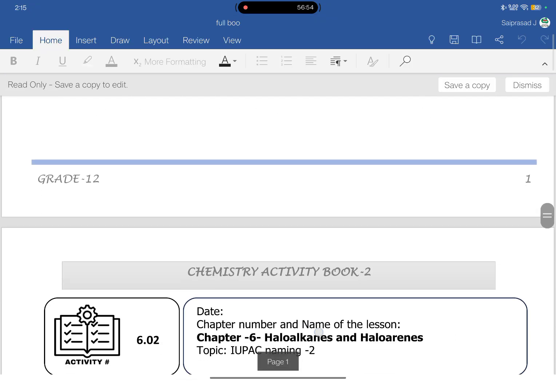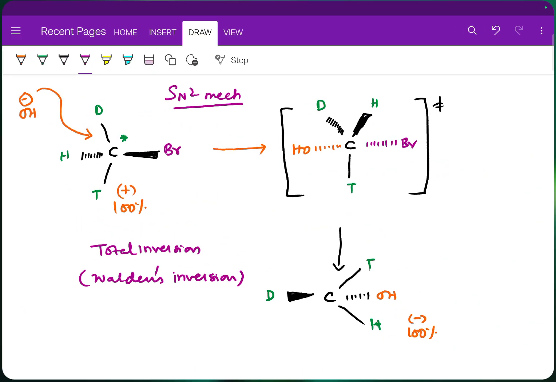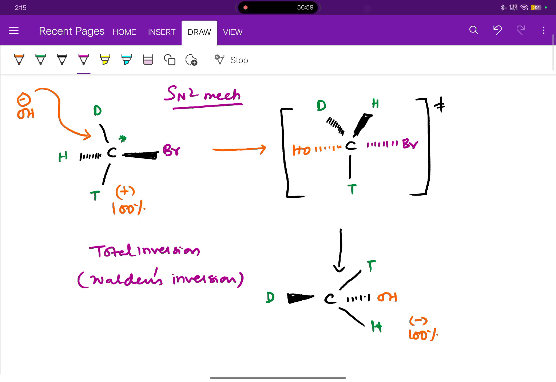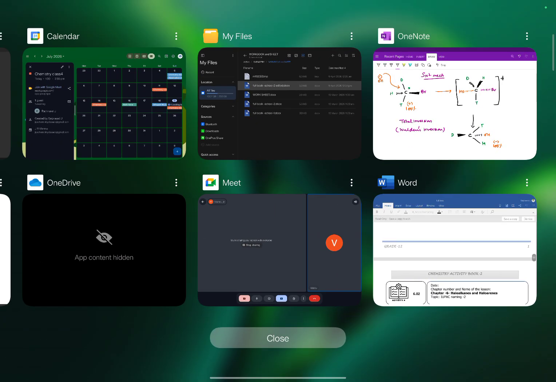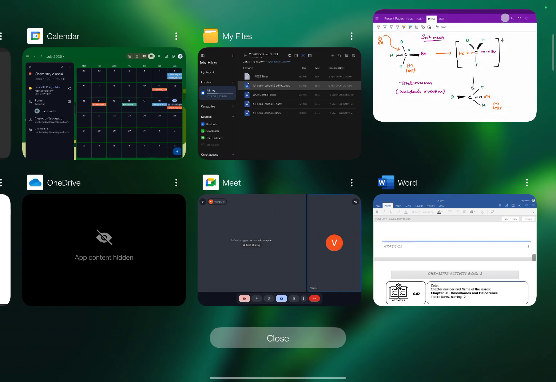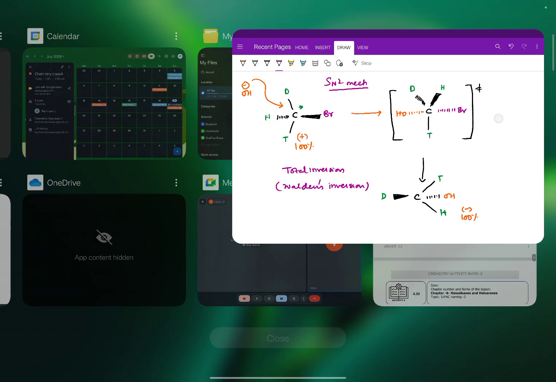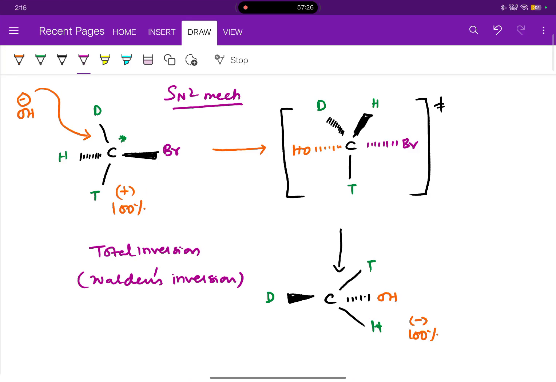Sir, I didn't copy the last part alone, sorry sir. Yeah, make a note of it.